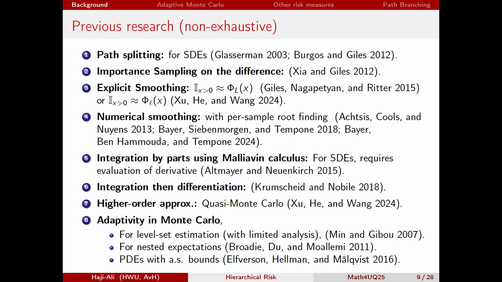Sebastian and Fabio have an interesting method where rather than looking at the indicator function, they look at the integral of that function, and they apply multi-level Monte Carlo there to get a functional approximation. And then they do a differentiation step at the end to get back to the indicator function, or the probability, that is.